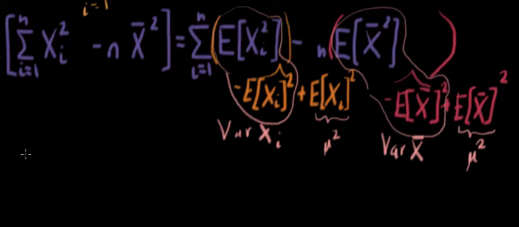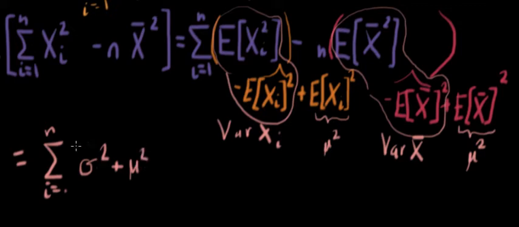Okay, so I'll write this out a little bit more neatly. All of this is equal to, and we know that the variance of Xi we call sigma squared, so we have this sum from i to n of sigma squared plus mu squared. And that stuff all gets summed here.